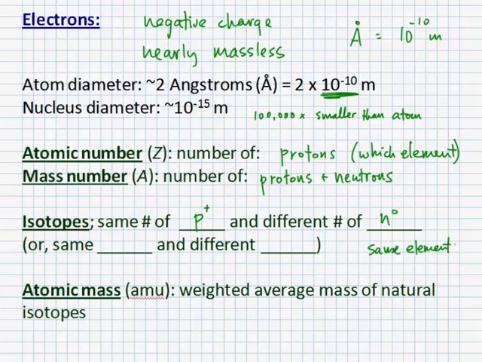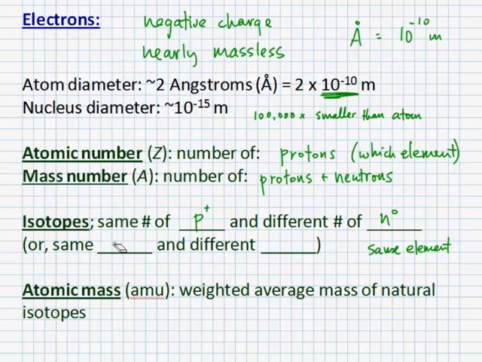I cannot have two isotopes that are carbon and boron, for instance. Right? In order for two things to be isotopes of each other, they have to both be carbon. But since neutrons are uncharged, we can vary the number of neutrons without really affecting too much. I mean, it changes the mass of the atom. That means we have the same atomic number.